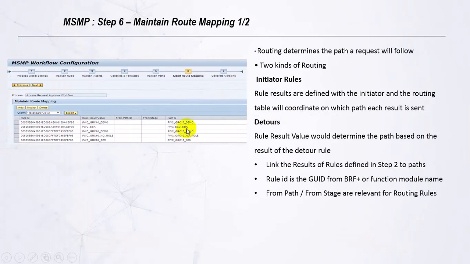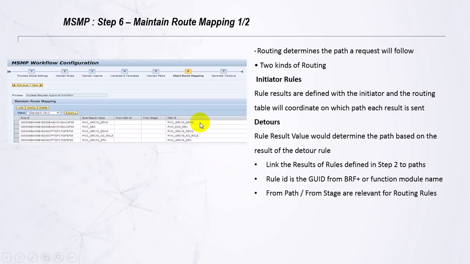Suppose it is a sandbox, it might be a sandbox rule result and a sandbox path. Here is an example: firefighter, SPM. So SPM rule result, then SPM path. The path consists of a number of stages.